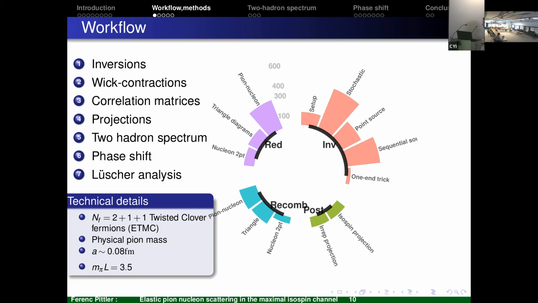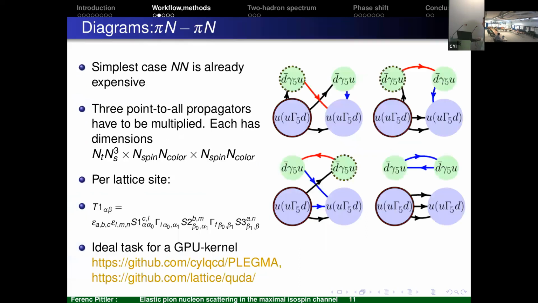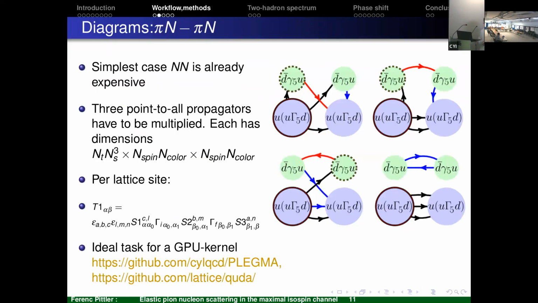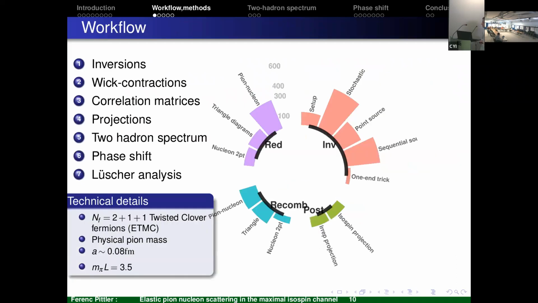Yeah, this would become more interesting for me actually. I hope that these exponential finite volume effects will still be small. And yeah, this will be interesting for us.